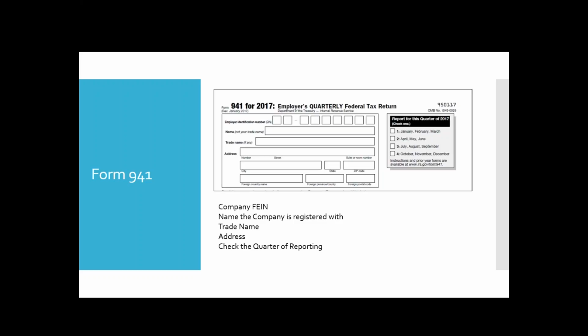You'll put your federal ID number and the name that's registered with the IRS, also your trade name if you have any, and your address. And over on the right-hand side, you'll check the quarter that you're reporting on this 941, and they define which months fall into which of the 4 quarters.